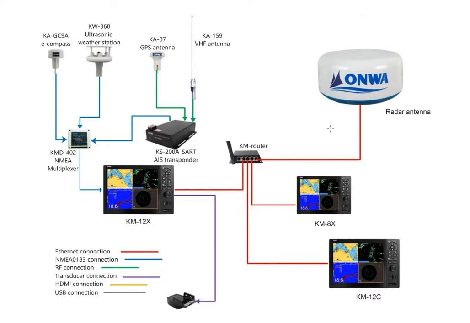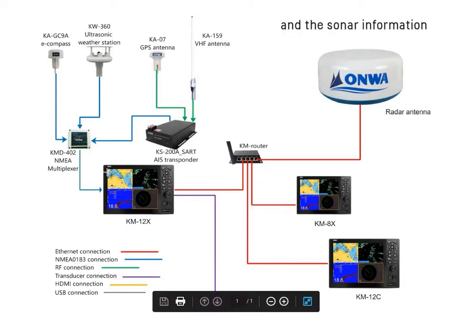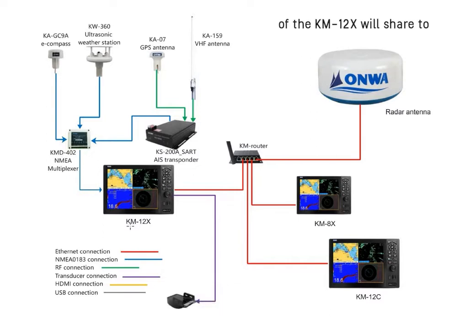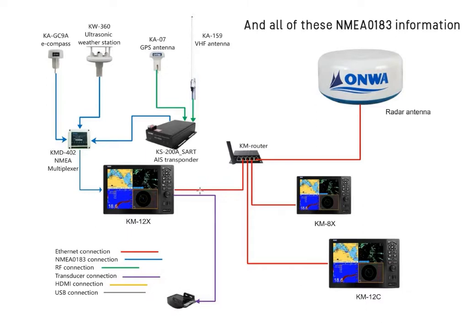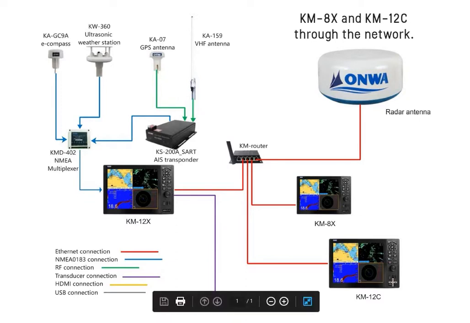So the radar image will be shared on these three units, and the sonar information of the KM12X will be shared to KM8X and KM12C. And all this NMEA 0183 information will also be shared to KM8X and the KM12C through the network.